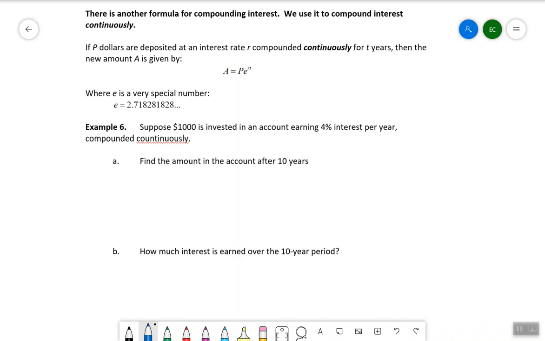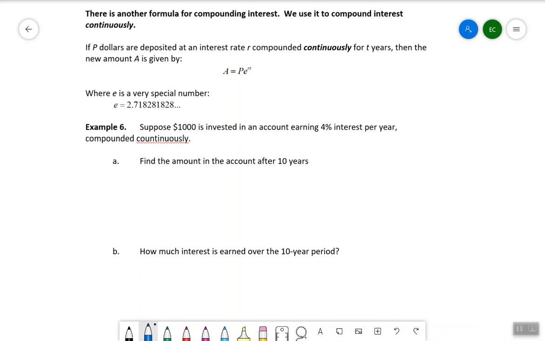So what's better than compounding twice a year or 4 times a year? Would be 12 times a year, every month. What's better than that? Compound every week or every day, for instance. If you compound every day, then N is 365. What's better than that? Well, what if you compound every hour or every second or every half second and so on?